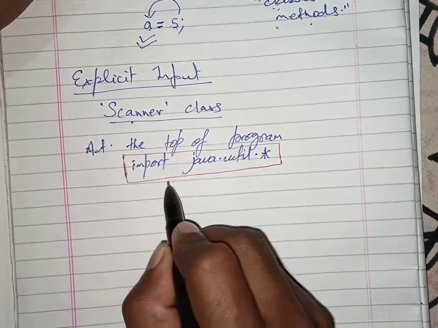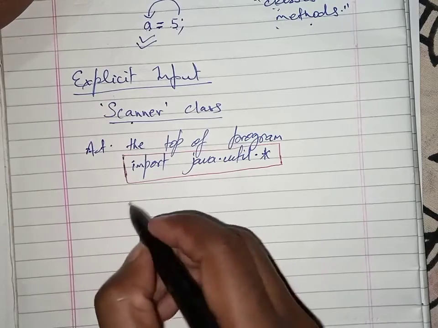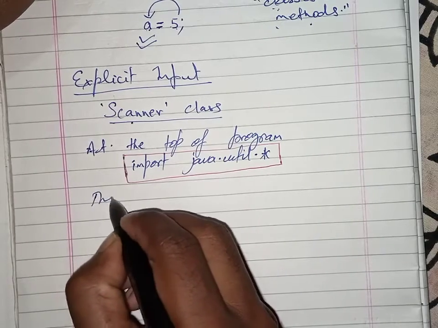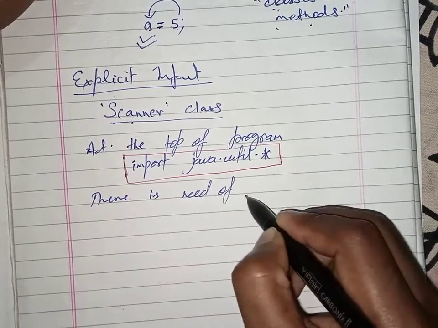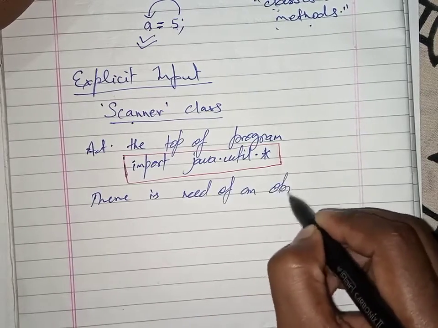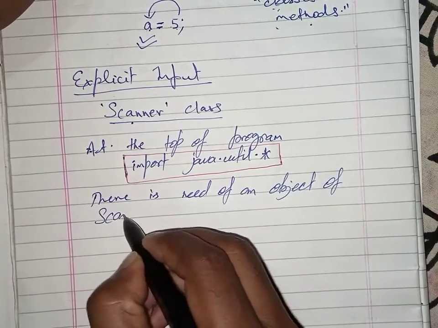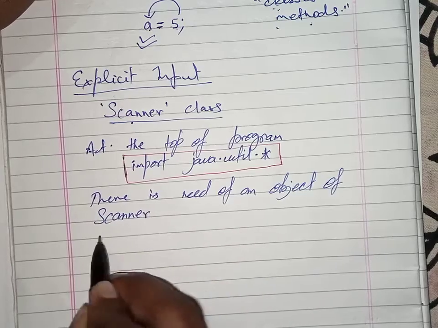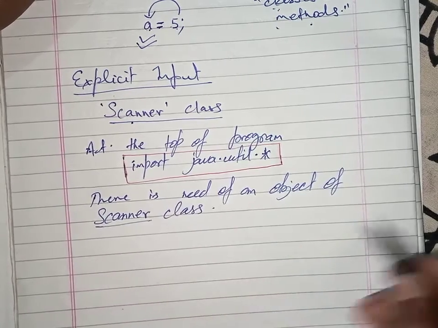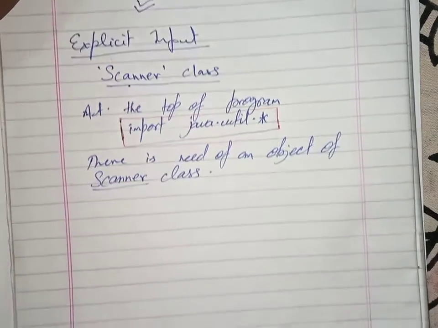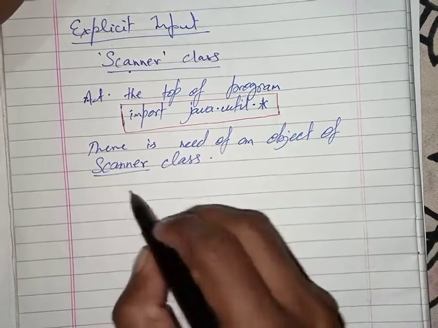Okay, after that, in the program section, there is need of an object of Scanner class. Mind one thing, S should be capital, Scanner class. And how can we create an object of a Scanner class?